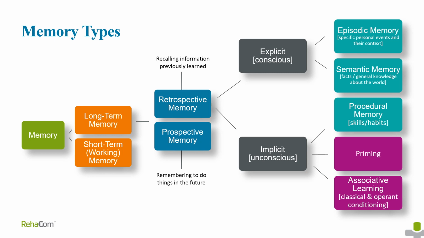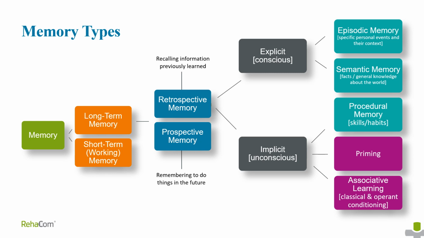Another way to conceptualize memory is in terms of stages, short-term and long-term memory, and in terms of types, explicit and implicit. Information that a person is able to attend to remains in the short-term memory for just a few seconds and can be encoded and stored in the long-term memory, which is a permanent memory store.